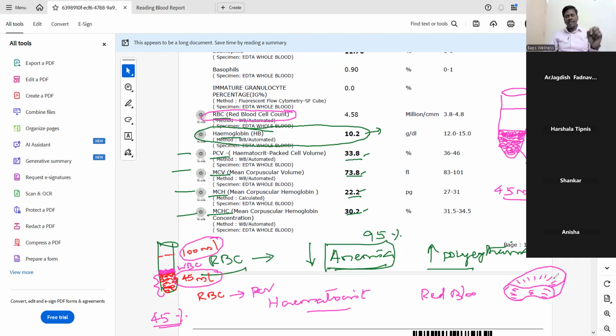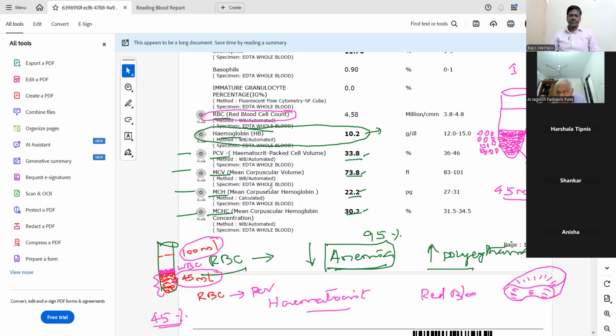So this hemoglobin is the ultimate area of interest. In case 1, for calculation's sake, we consider that the cells are somewhat bigger. In the other condition, patient number 2, the cells are very small comparatively, but volume-wise both are the same.